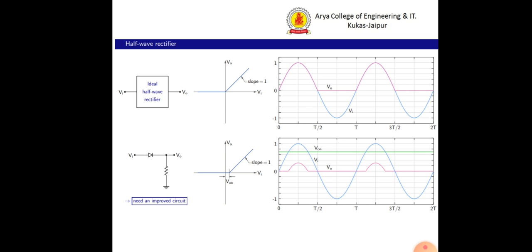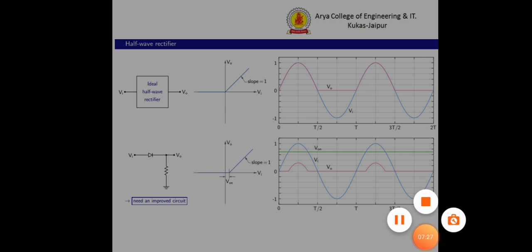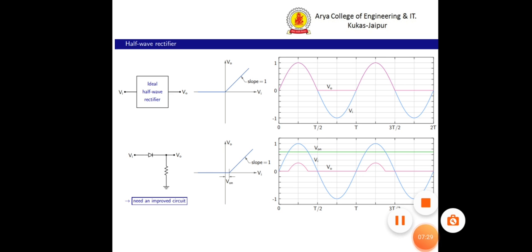For the negative cycle the diode will be reverse biased, and hence due to the reverse saturation current which is almost zero, we will have no current and hence no voltage drop across the resistance R. So this is the practical case. So this needs an improved circuit.